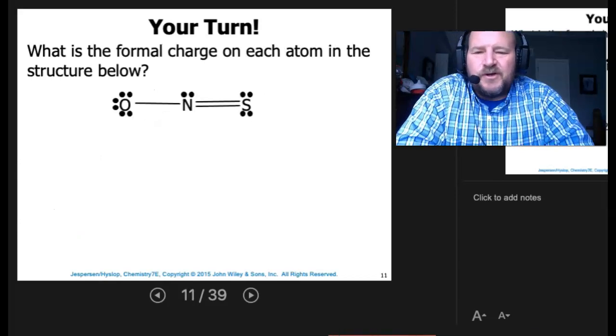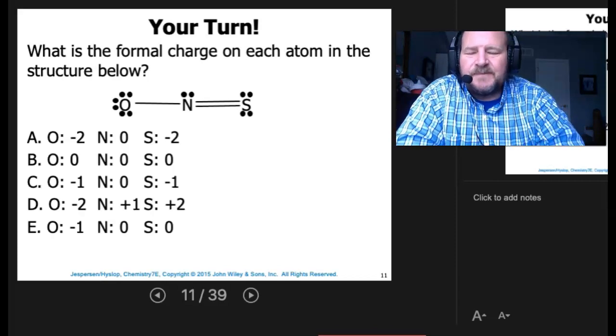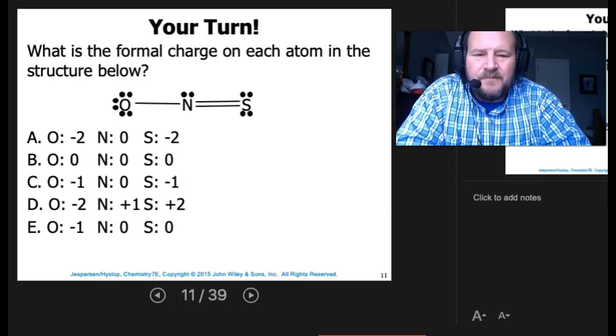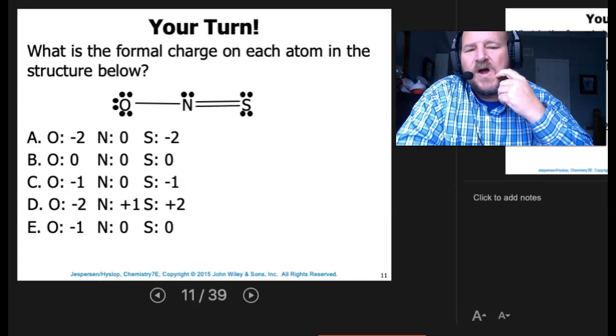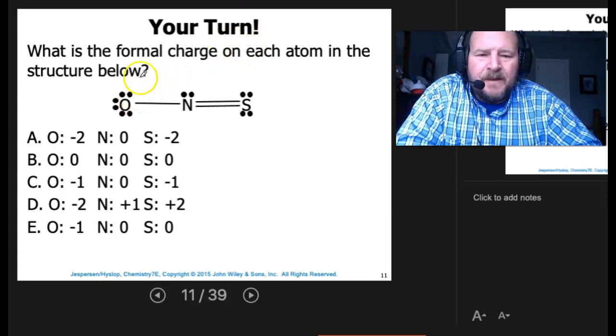What is the formal charge on each atom in the structure below? All right, so oxygen has 6 valence electrons and 1 bond.